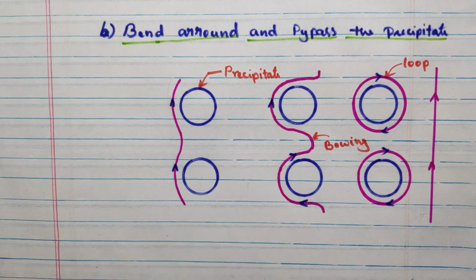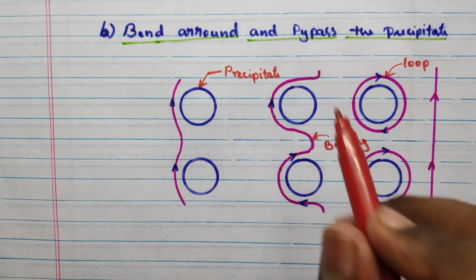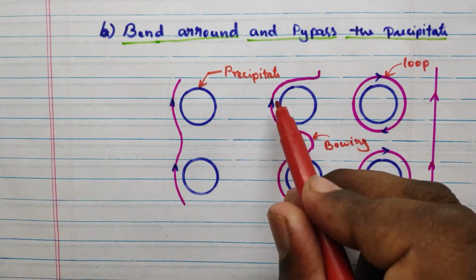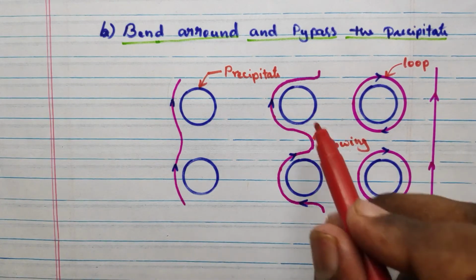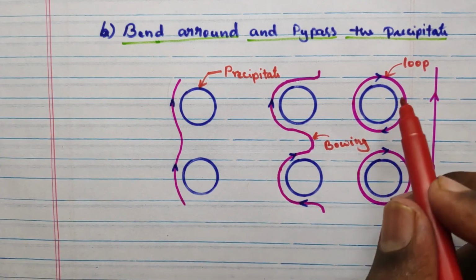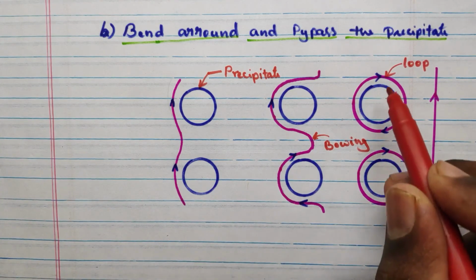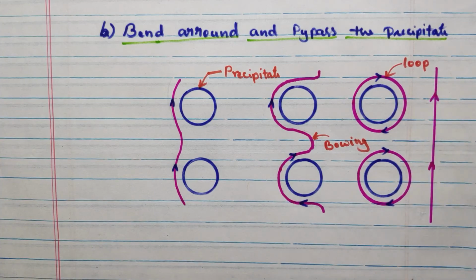In such a material, whenever the dislocation influences the precipitate, it tends to bow around. The dislocation will bow around this precipitate, and when it is extended, it will form a dislocation loop in such a manner.